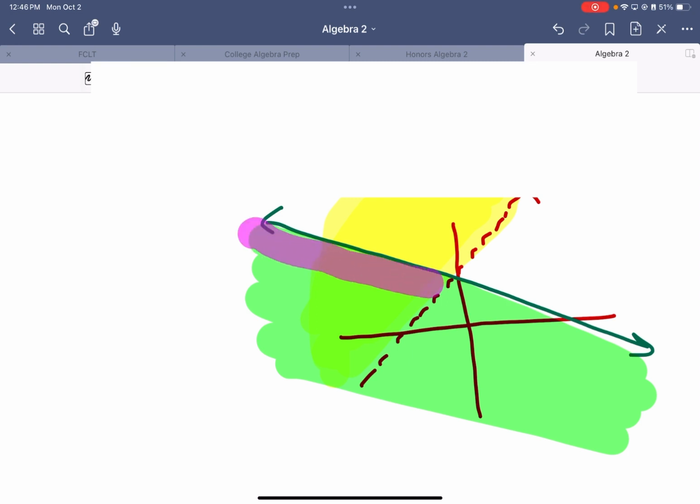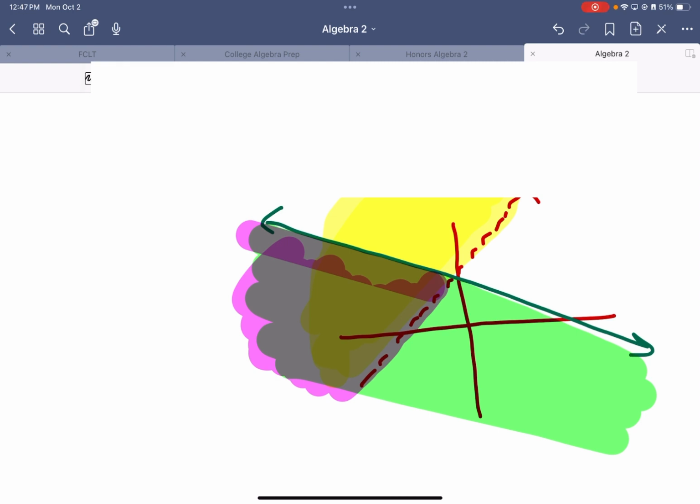We've then created this region right in here that has been shaded twice. And that region shaded twice is the region that contains the points that are solutions to both of the inequalities. So that's the region we're trying to locate today.